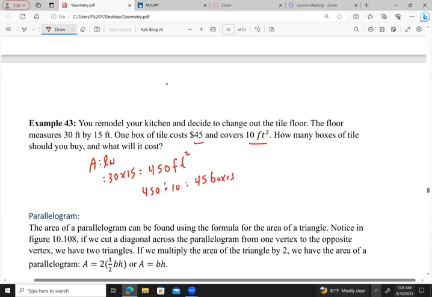Each box is $45, so we have 45 boxes at $45 each. 45 times 45, and we get $2,025. And that's just for the tile.